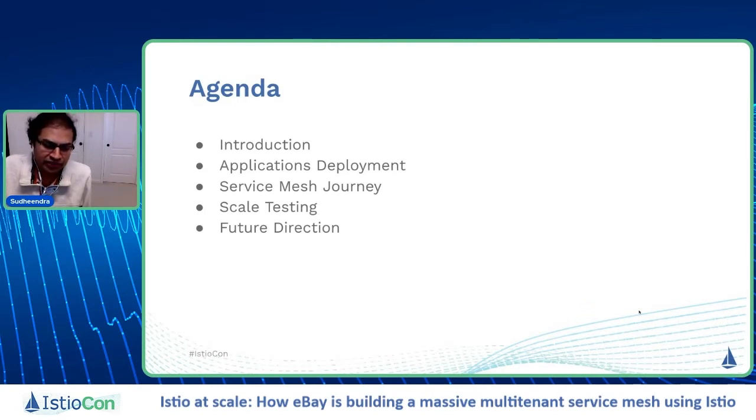Next we look at some of the scale testing results that we did to validate Istio scale to run eBay's applications. And finally, we look at some of the things that are ongoing, some of the open questions, open problems that we are looking at as part of the future direction.